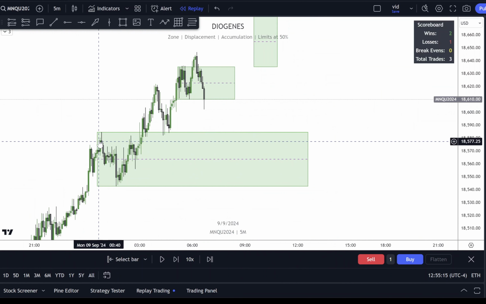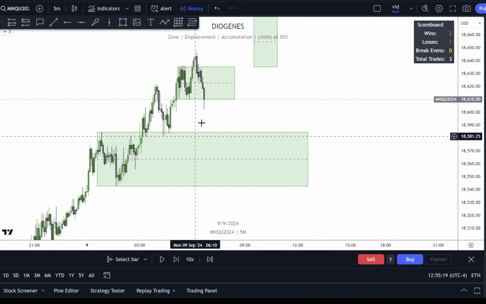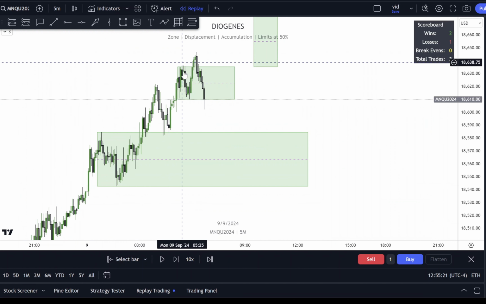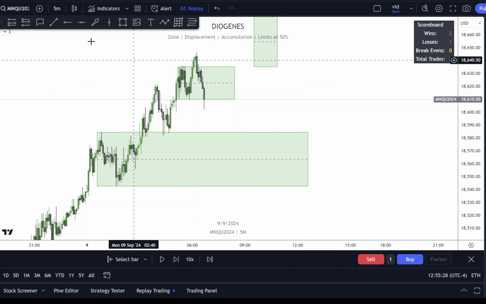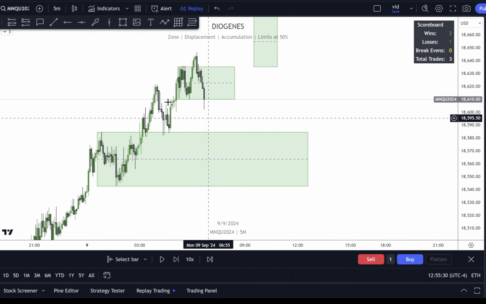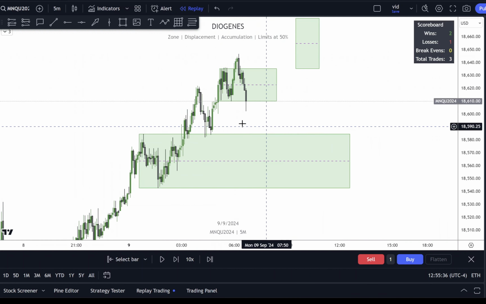Right. So on M5, we now have a fake zone above, and the other zone when we got our loss is not even valid on M5. So that's why it's always a good idea to go to M5 or a higher time frame before you take a trade.